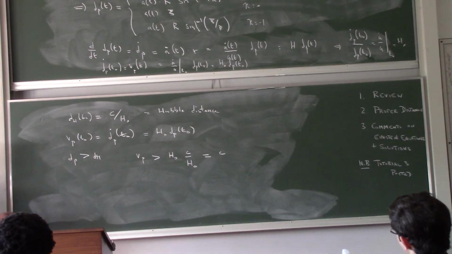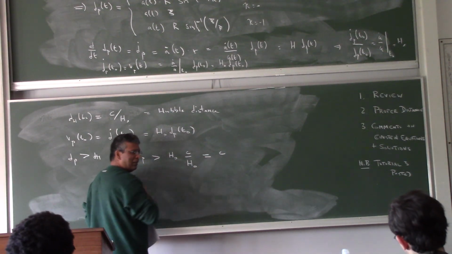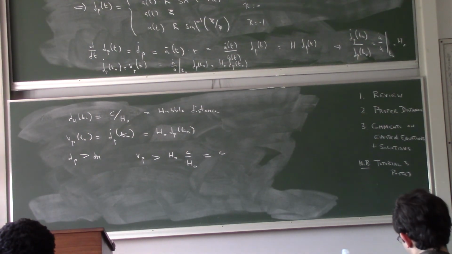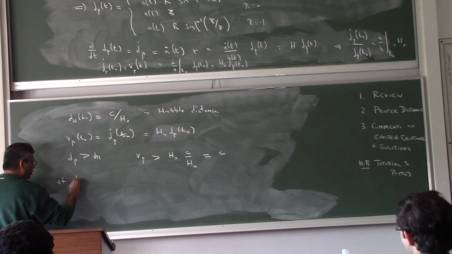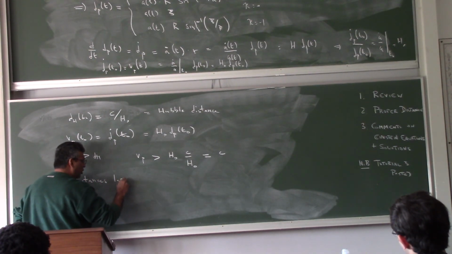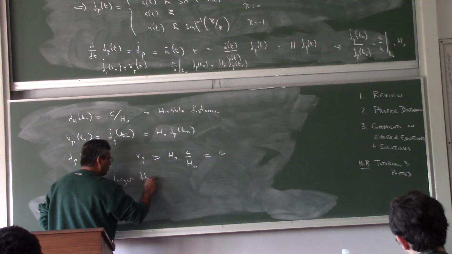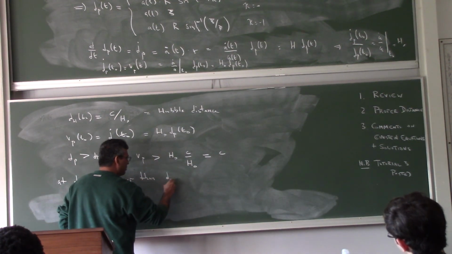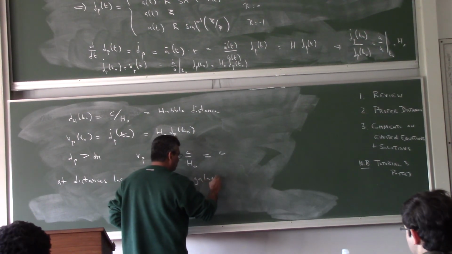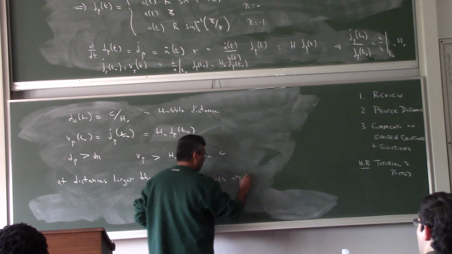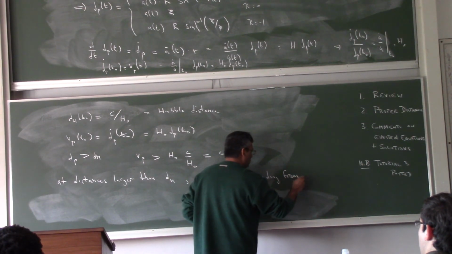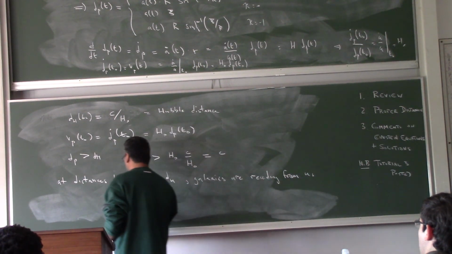So you have velocities that are bigger than the speed of light. So at distances larger than dH, galaxies are receding from us faster than the speed of light.